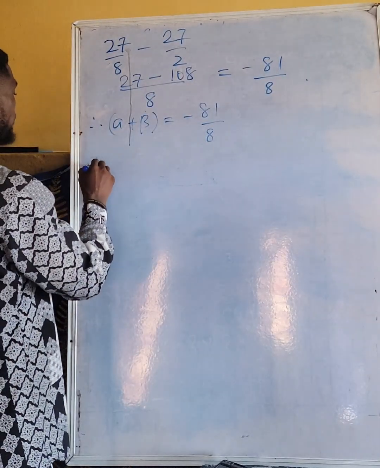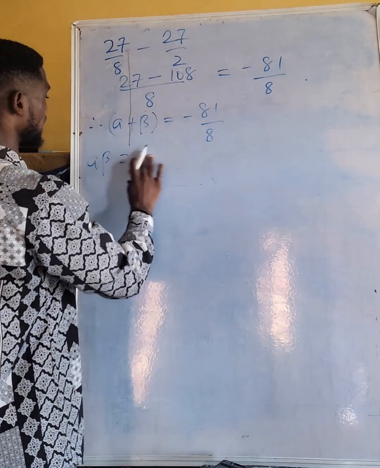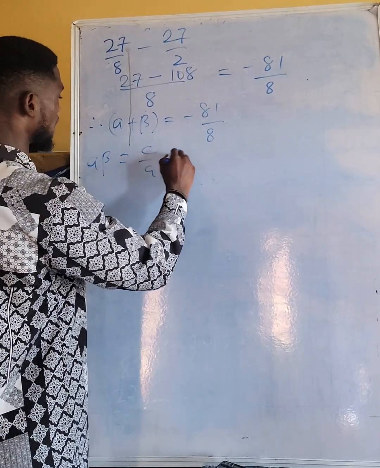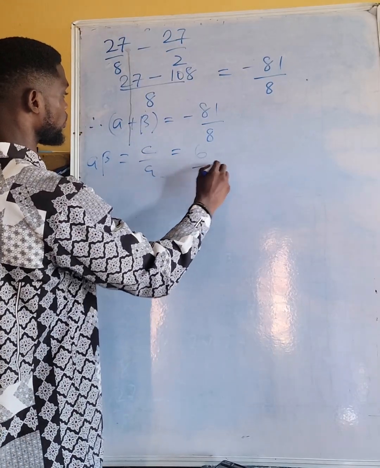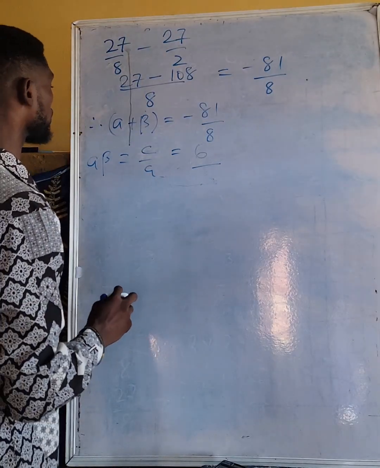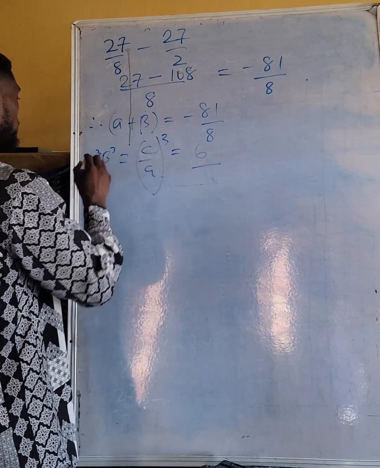And alpha beta, remember, is c over a. Our c is 6 over 2, but recall that it is in cube, that is alpha beta cube.